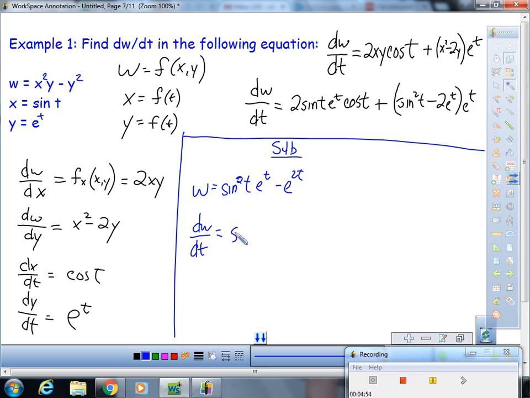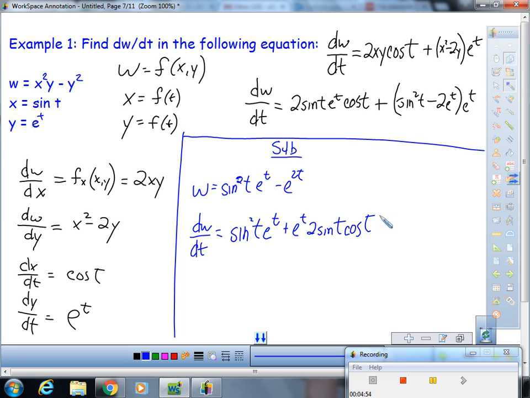So sine squared t times the derivative of the second, e to the t, plus second, e to the t, times the derivative of the first. Derivative of sine squared of t, 2 sine t cosine t. Is that right? All right.